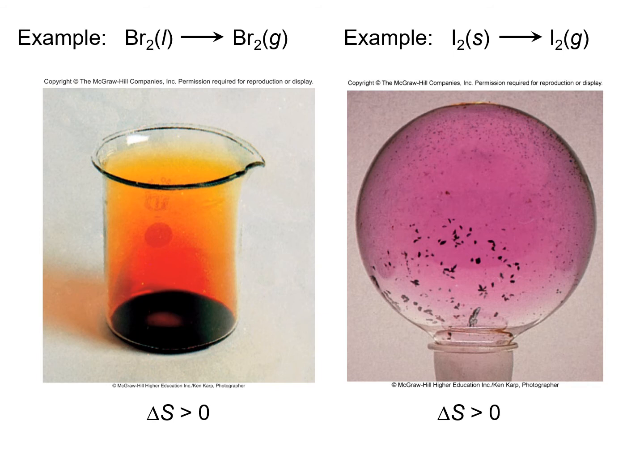The likelihood of, again, the microstates, if you think about it, is going to increase, because their location and their energy, both the probability of having them in different locations and their energy, is also going to increase. So that means if I'm going from liquid state to gas state for bromine, entropy in this case is going to be positive. So you can predict that delta S in this case is going to be greater than 0.